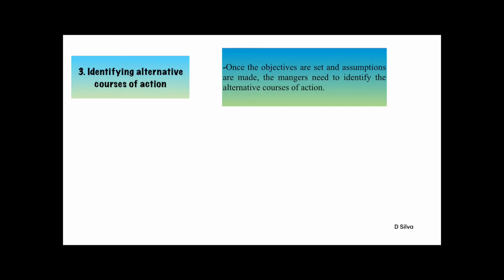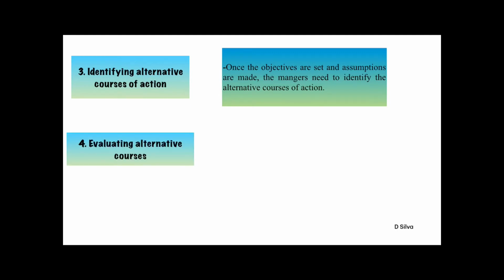And now managers need to identify the alternative courses of action. For example, the mobile company has many alternatives like reducing price, increasing advertisement and promotion, giving after sales services, and so on. Why do you have to do all these things? In order to sell 2 lakh units of mobile phones.